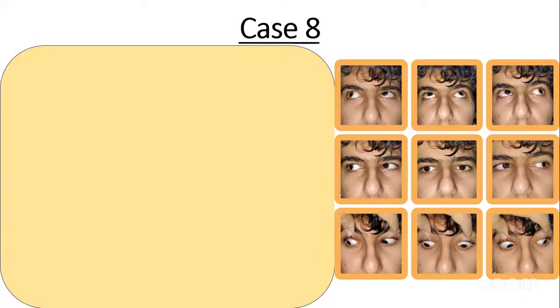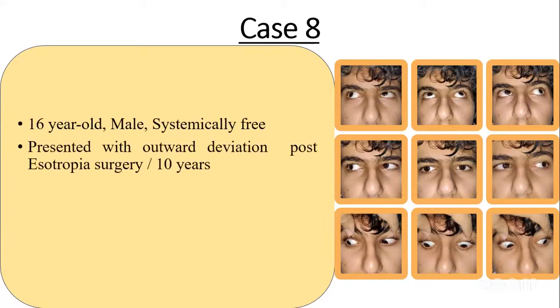Okay. So this is a patient who is a 16-year-old male, systemically free, presented with outward deviation, post esotropia surgery 10 years ago. So what is the diagnosis here? Consecutive exotropia. Yes. He had esotropia and he had surgery for esotropia, and after the surgery he developed exotropia.